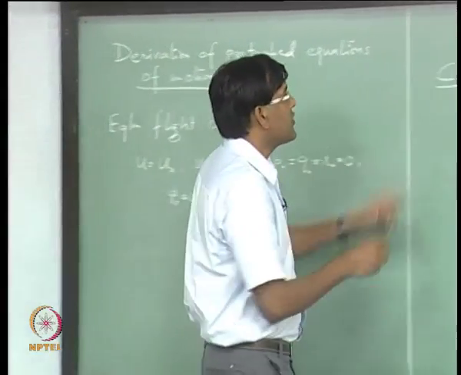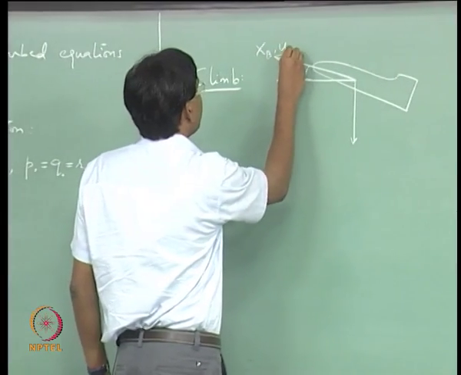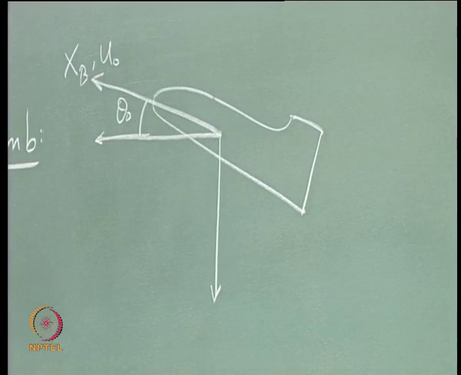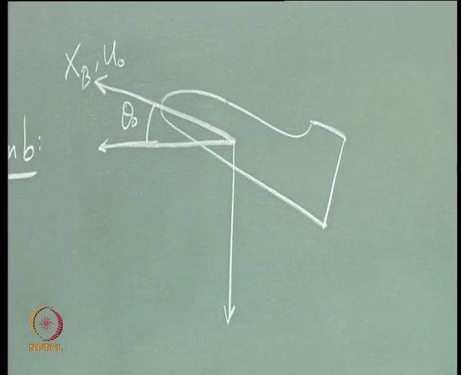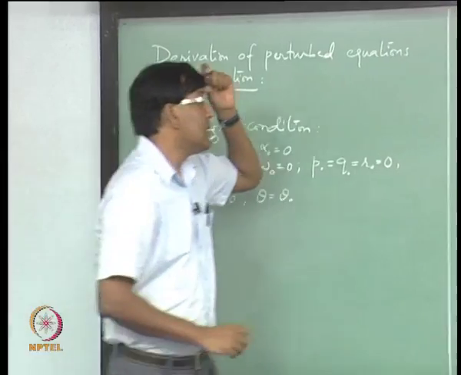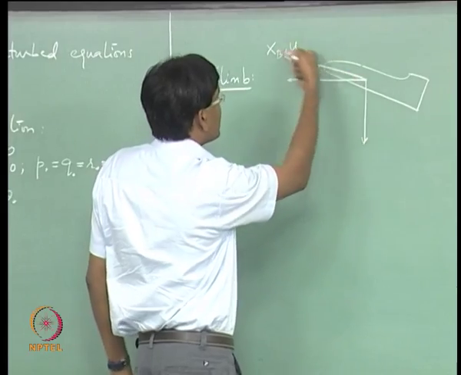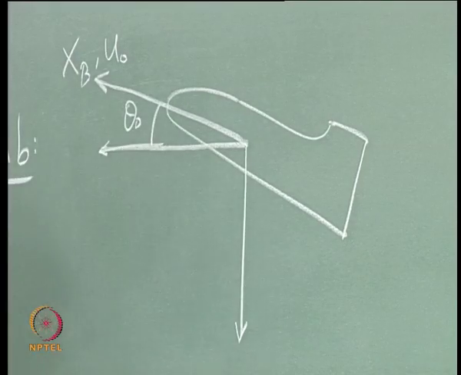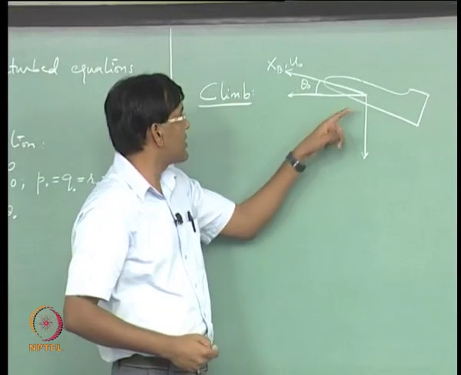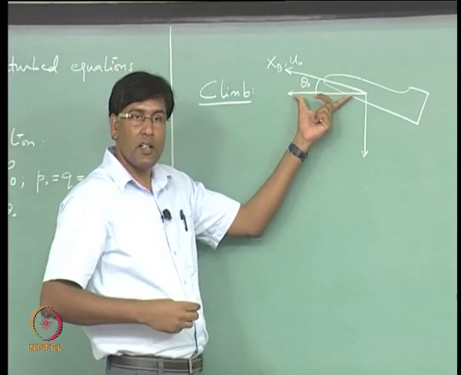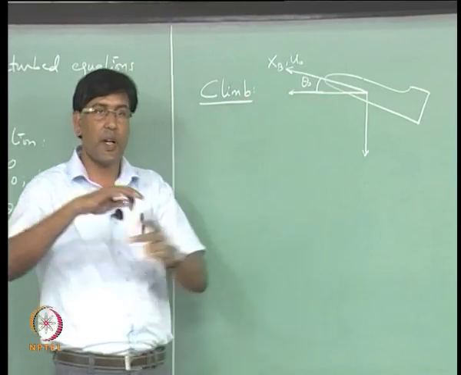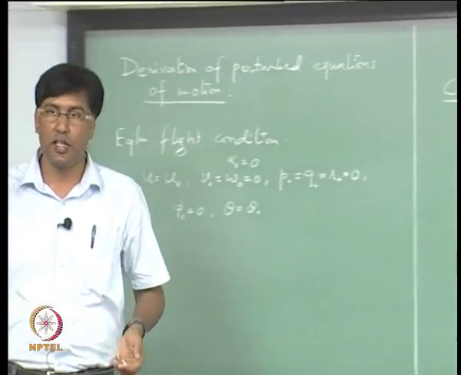So, you will have u naught in this direction, W naught is 0. So, aircraft is actually flying along its nose, but is at an angle theta naught with respect to the local horizon. So, it is climbing.